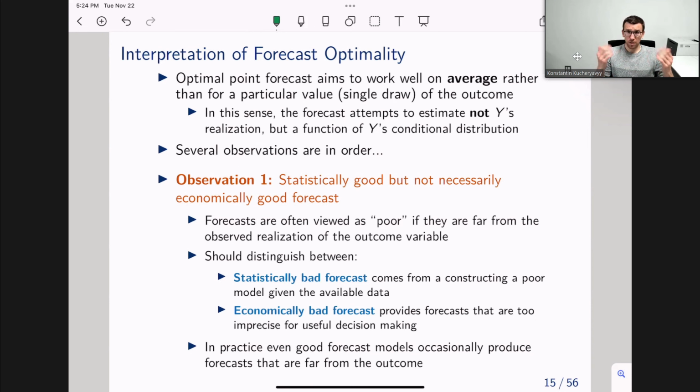For example, I talked a month ago, the IMF released their World Economic Outlook report months ago, and I talked with the managers of the team that were working on the release of that outlook, and they were explaining to me how they were constructing the forecast for the next year.